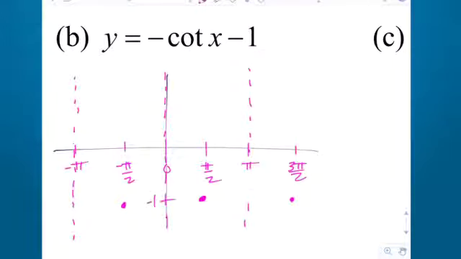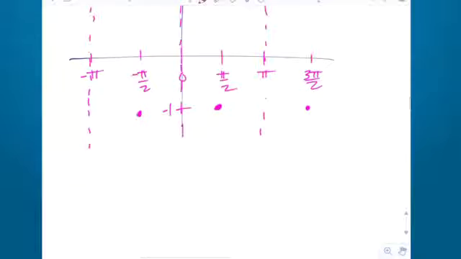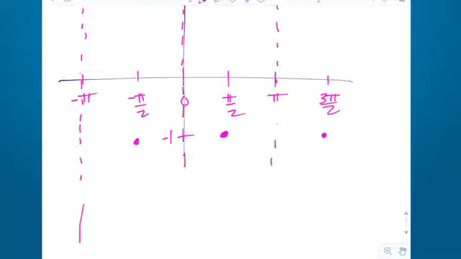And now all we have to do is connect the dots with a, again, I forgot. What type of function? Increasing? All right, increasing, because it's a cotangent with a flip. So again, draw it to your inflection values.